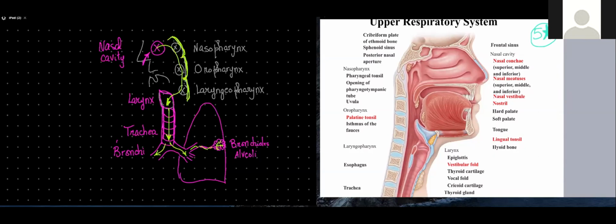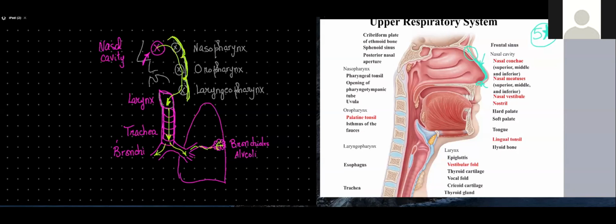So what we're looking at in here, first we are looking at the nose. The nose has a bony part and a cartilage part. Remember the type of cartilage that forms the nose? This was the hyaline cartilage. The nasal nostril, this is the opening on here.